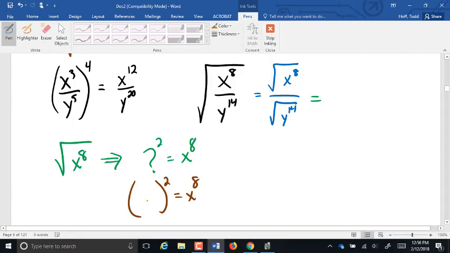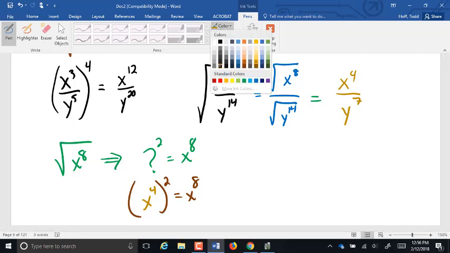That number would just be x to the 4th, right? 4 times 2 is 8. So the square root reverses that. So the square root of x to the 8th, we would divide the power by 2 to get x to the 4th. So with that, what would the square root of y to the 14th be? y to the 7th. We've got to reverse that process. So we're dividing by 2. 14 divided by 2 is 7.